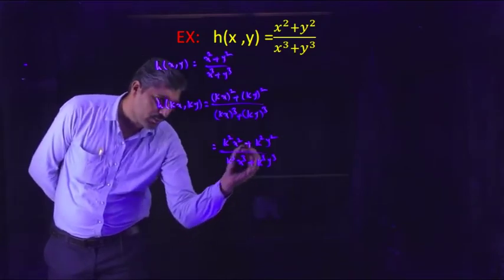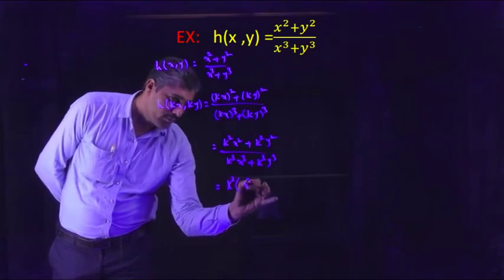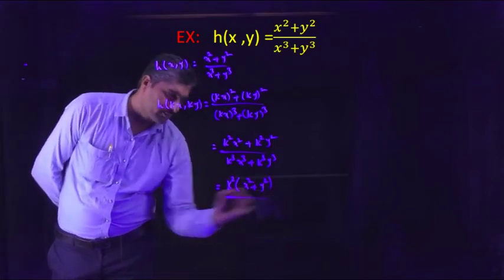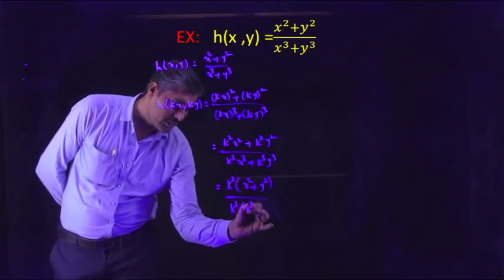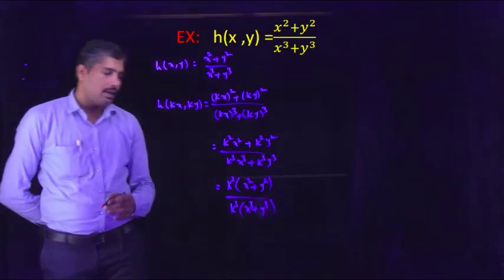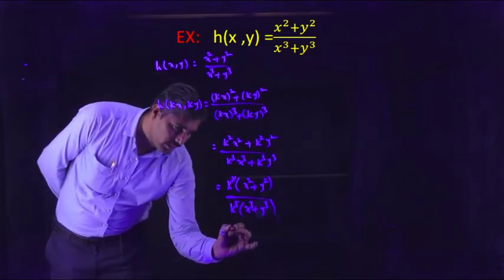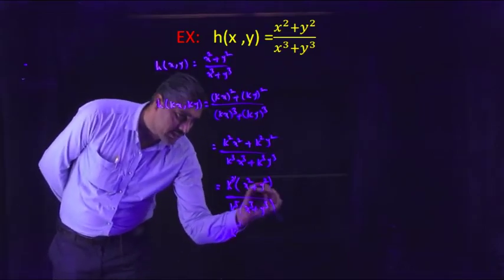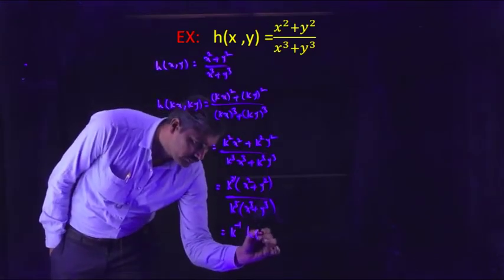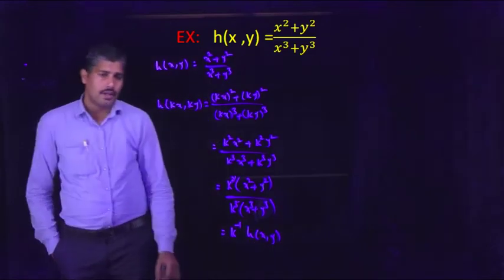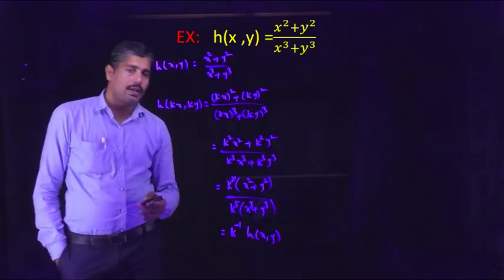That is equal to, in the numerator take k² common, then k²(x² + y²), by, take k³ common, that equals k³(x³ + y³), right? Here k² cancels, then we get 1/k, that equals k^(-1)(x² + y²)/(x³ + y³) equals k^(-1) h(x, y). So h(kx, ky) is equal to k^α times h(x, y).